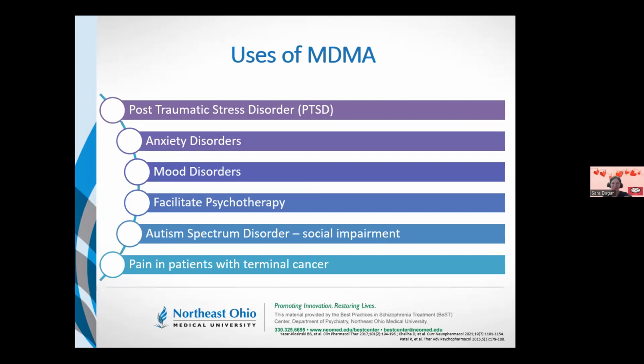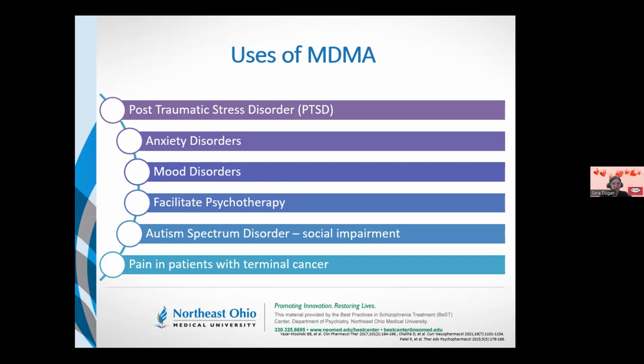In the 70s, they were trying to facilitate psychotherapy, and that really could play a role with both anxiety and mood disorders. Not as much with psychotic disorders. They haven't had quite as much success in looking at it in that population. They are looking at it for autism spectrum disorder, specifically trying to target some of the social impairment, and then in pain for patients with terminal cancer.